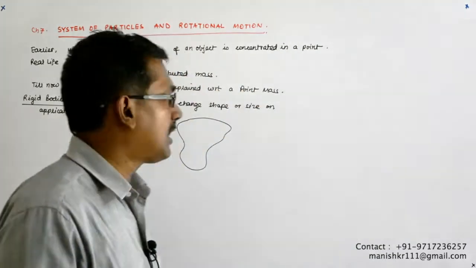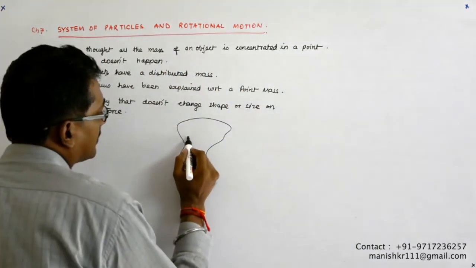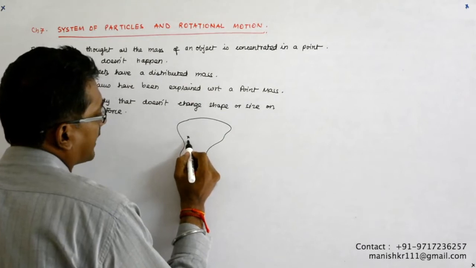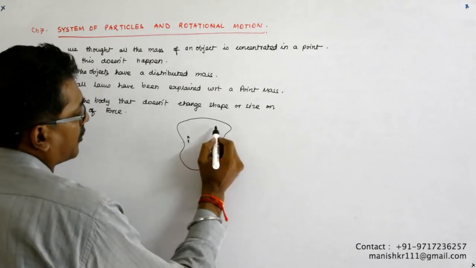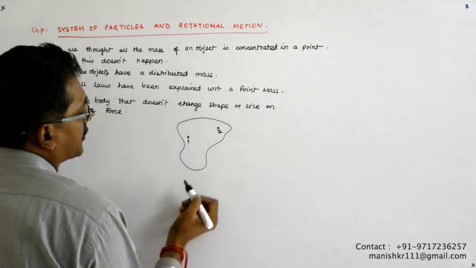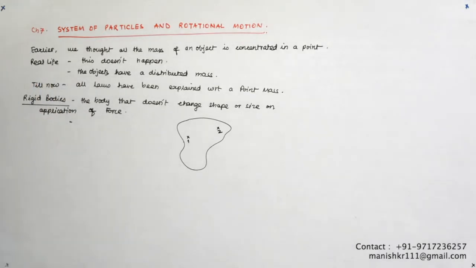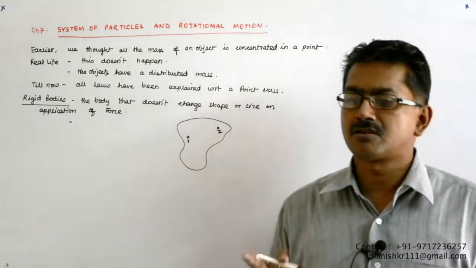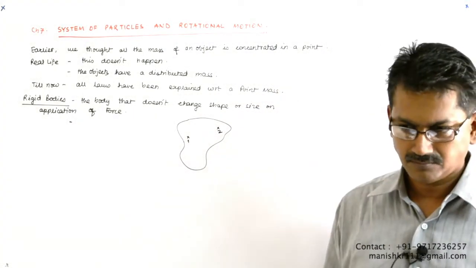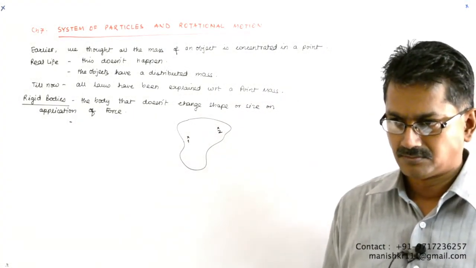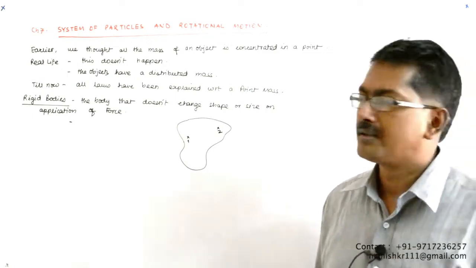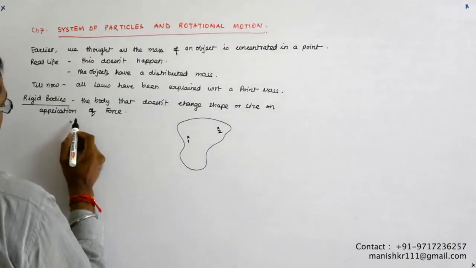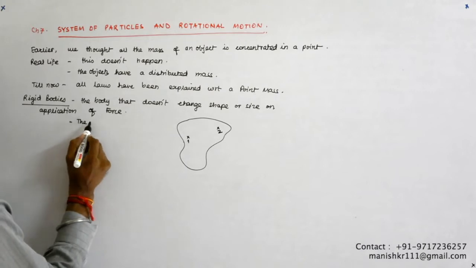So how do we define it in physics? Suppose there is a particle 1, a point 1 here and another point 2. You apply whatever amount of force, the distance between them does not change. That is our definition of a rigid body. So what happens?